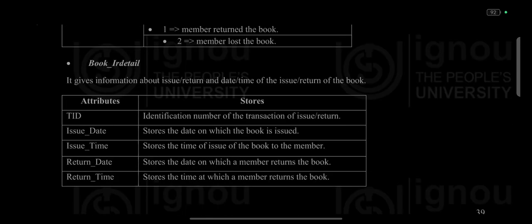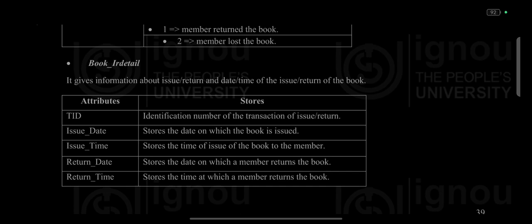Mode can be I, book is issued for home, or R, book is issued for reading in library. State can be 0, book is with the member; 1, member returns the book; 2, member lost the book.